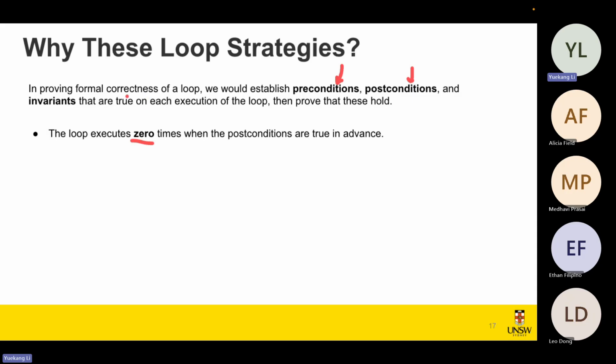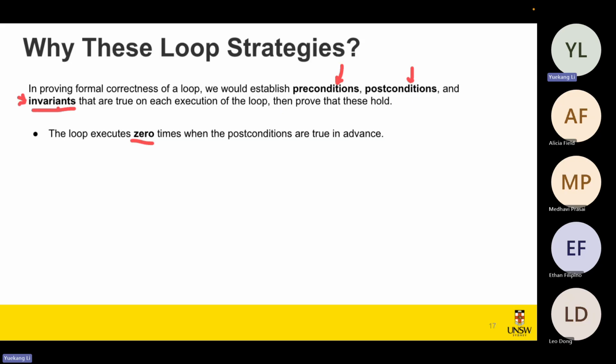Invariants are values that never change, regardless of how we loop or how many times we loop. A simple precondition is the condition guarding the loop, so it must be true for us to get into the loop. And the postcondition is that the condition guarding the loop turns false.